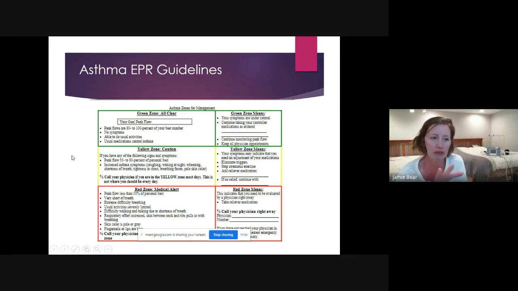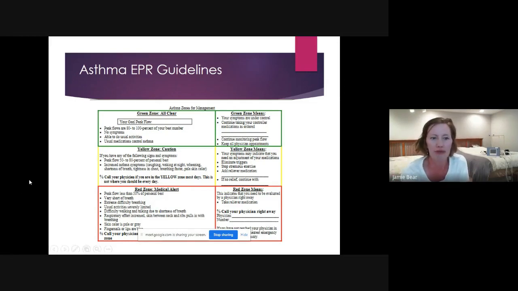Your peak flows are anywhere between 50 and 80% of the personal best. Increased asthma symptoms such as shortness of breath, breathing faster, pale skin color. And it says call your physician if you are in the yellow zone. What that means is your symptoms may indicate that you need an adjustment of medications, eliminate your triggers, stop any strenuous activities, and then add a reliever medication if they have that ordered.